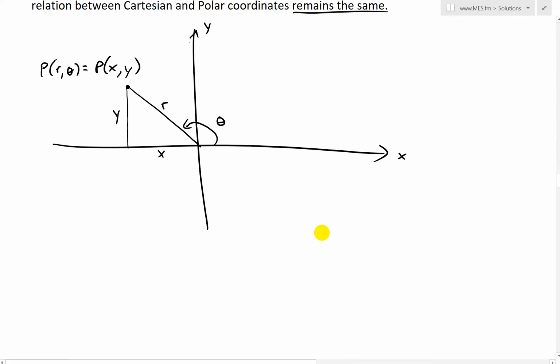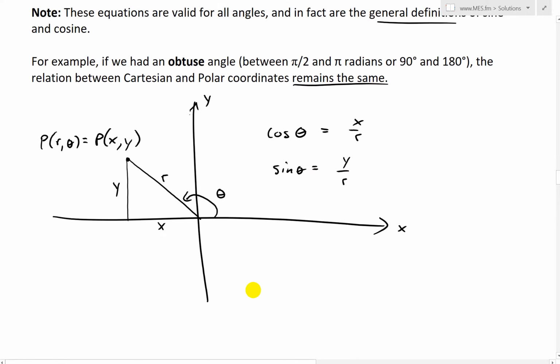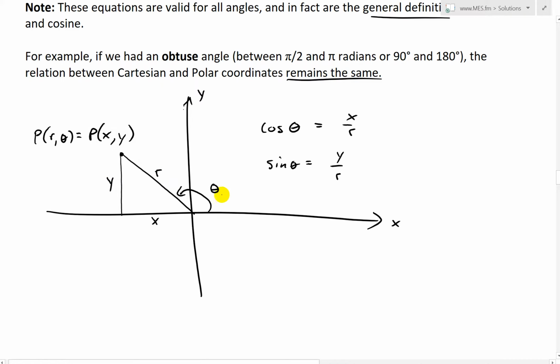In this case, nonetheless, even over here, we have cosine theta is equal to, by definition, x over r. And then sine theta equals y over r. This is actually the more general definition, so it doesn't need to be opposite over hypotenuse, although you could still think of it as opposite over hypotenuse of the inner angle.